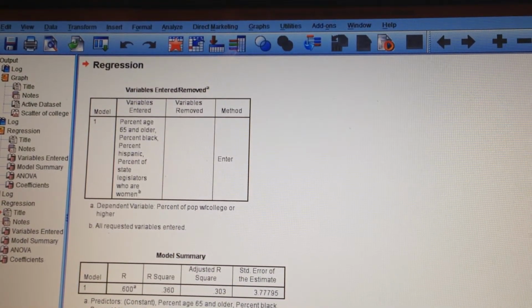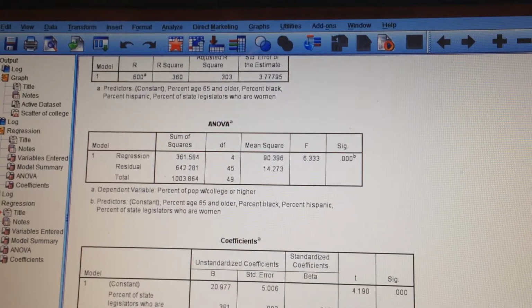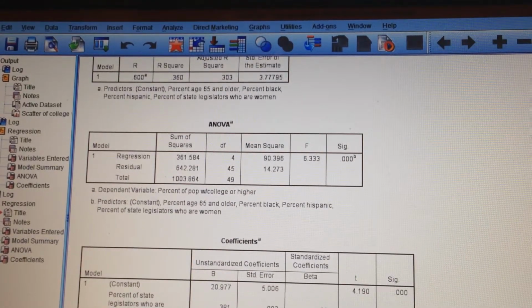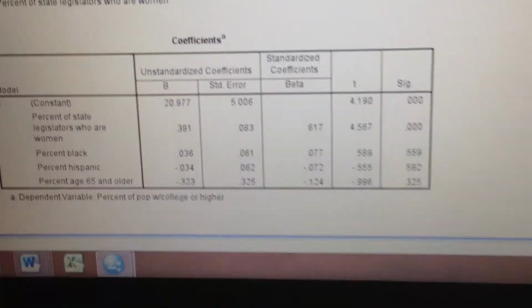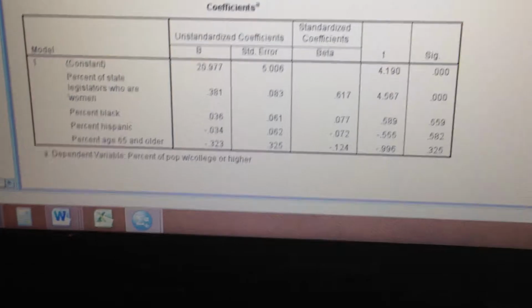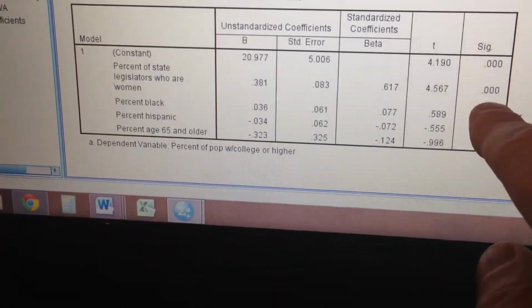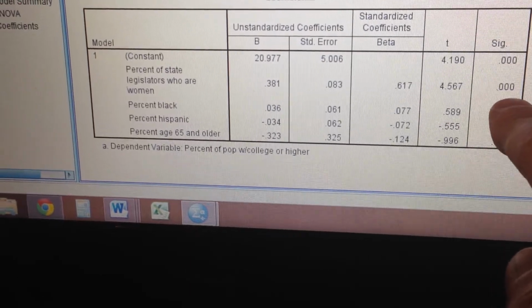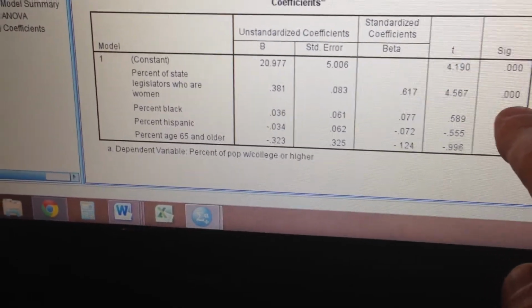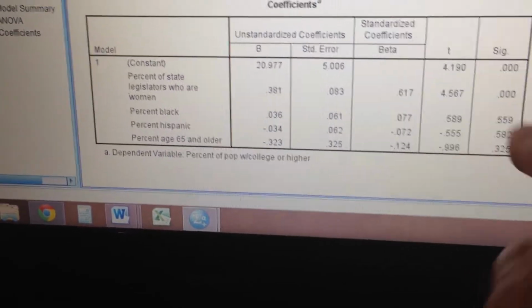And we're going to scroll all the way down. Now, what you see here is that each of those independent variables that we threw in has its own statistical significance coefficient, okay? So we still see that female legislatures has a significant impact.